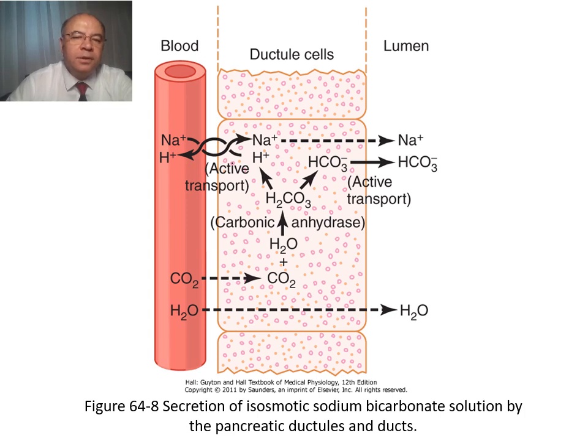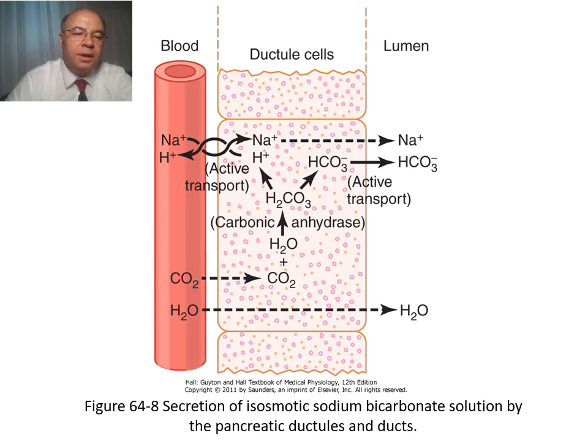What we see here: carbon dioxide and water will be combined to form carbonic acid in the presence of carbonic anhydrase enzyme, as you see. Then it dissociates into hydrogen and bicarbonate ions.